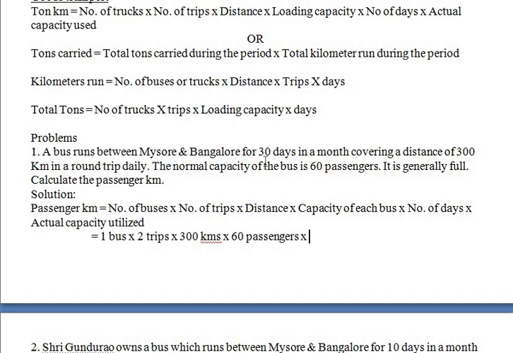The number of days is already given as 30 days, into actual capacity utilized. Here they have given that it is generally full, which means it is 100% full. So capacity utilized is 100%. Now calculate this.